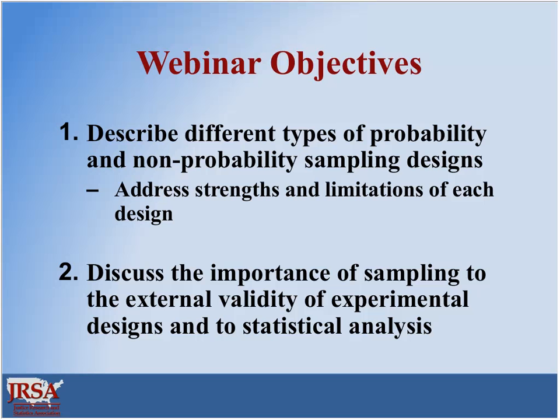The objectives of this webinar include describing the different types of probability and non-probability sampling designs, discussing the strengths and weaknesses of these techniques, as well as discussing the importance of sampling to the external validity of experimental designs and statistical analysis.